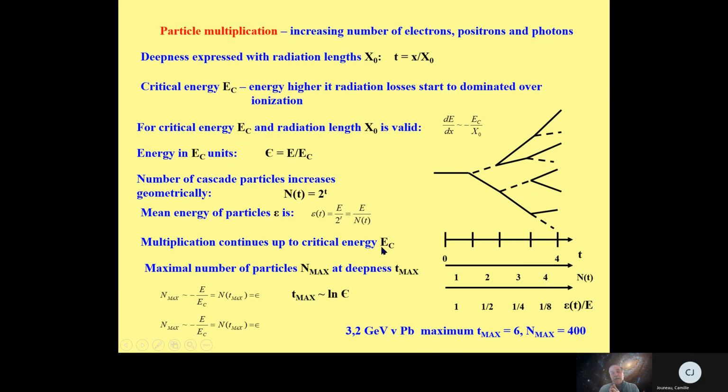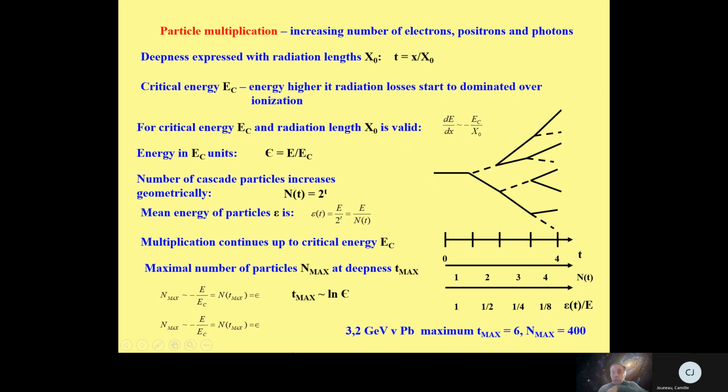After the critical energy there will not be production of new particles, because it will be ionization, no Bremsstrahlung radiation, and also for approximately this energy, Compton scattering and the photo effect will dominate over pair production.